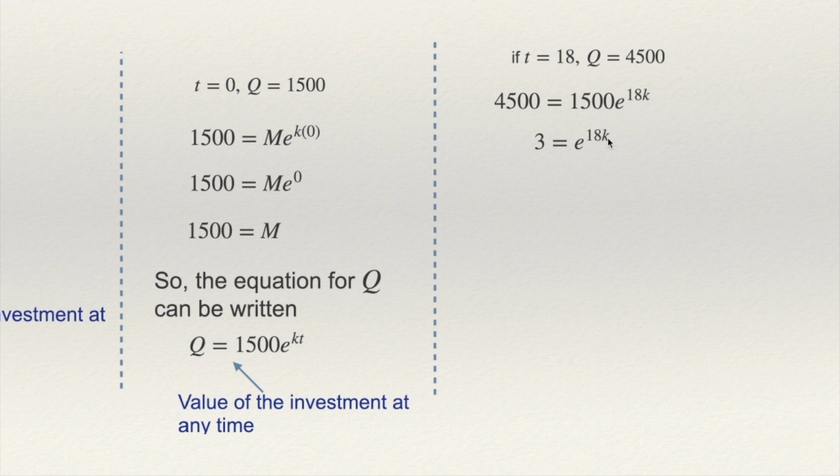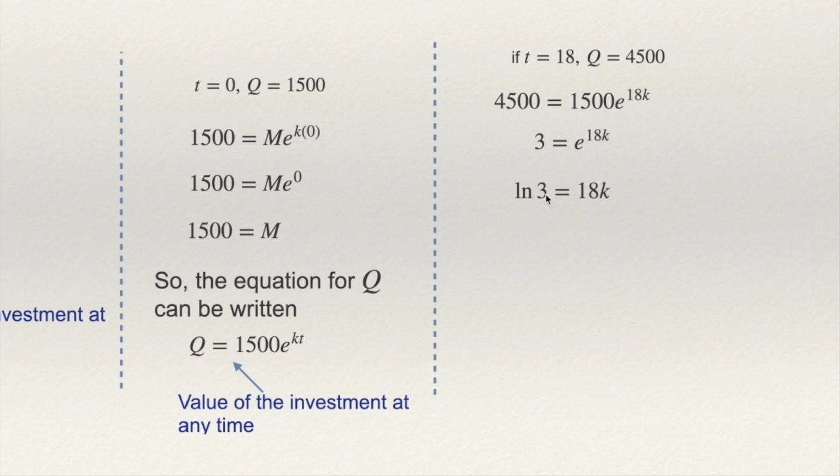Then take the natural logarithm, because now the unknown is at the exponent, so natural logarithm of 3 equals 18k. You are using the inverse function for e, that is the natural logarithm, on both sides.